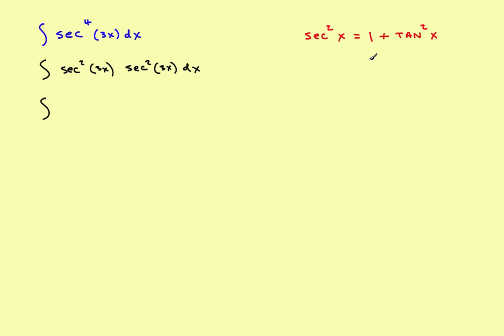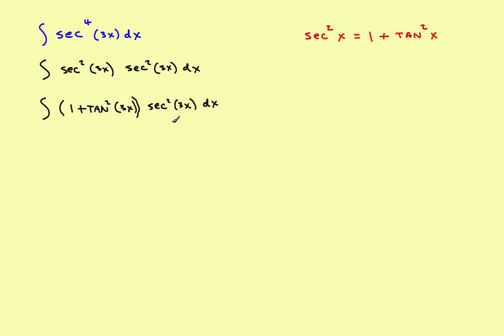By doing that, that'll allow you to get in a form that you can find an antiderivative for. So again, change this secant squared into 1 plus the tangent squared of 3x, and then you've still got this second secant squared here, and then dx.